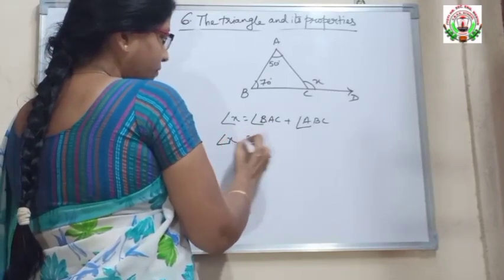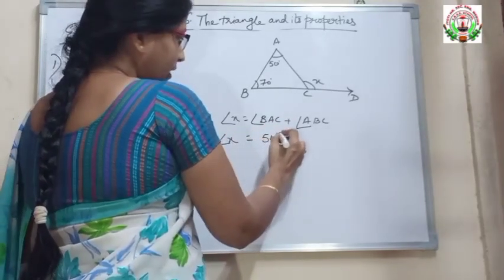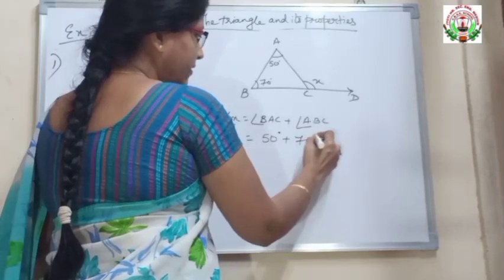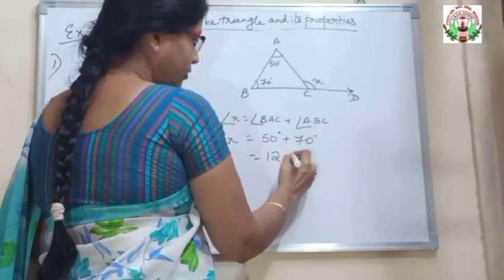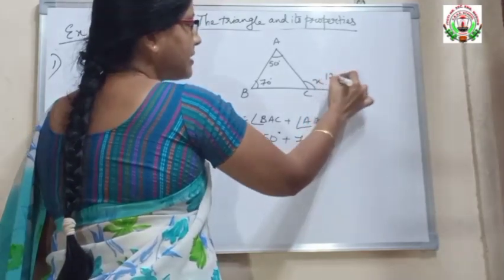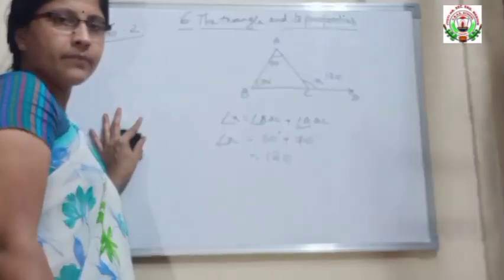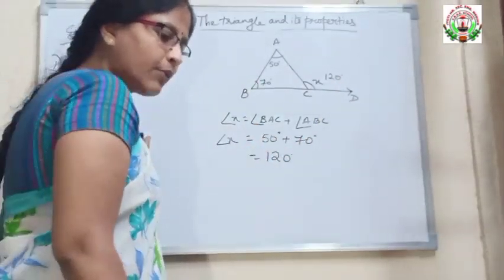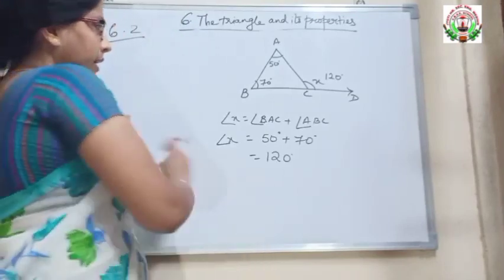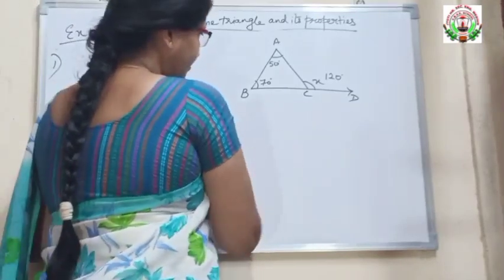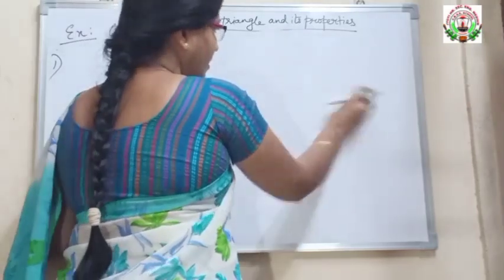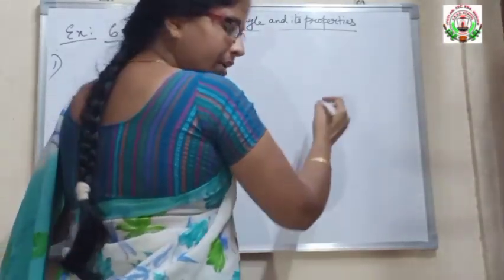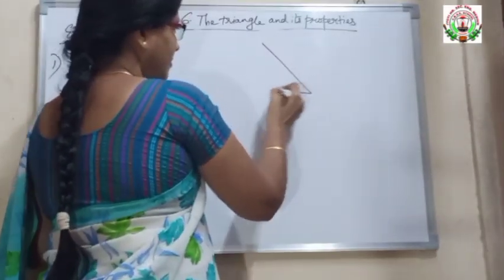So angle x will be 50 degrees plus 70 degrees, that is 120 degrees. So angle x is 120 degrees. Like this you have to solve for your exercise 6.2, the first question. Next, one more I am going to do. See, they have given a figure like this.